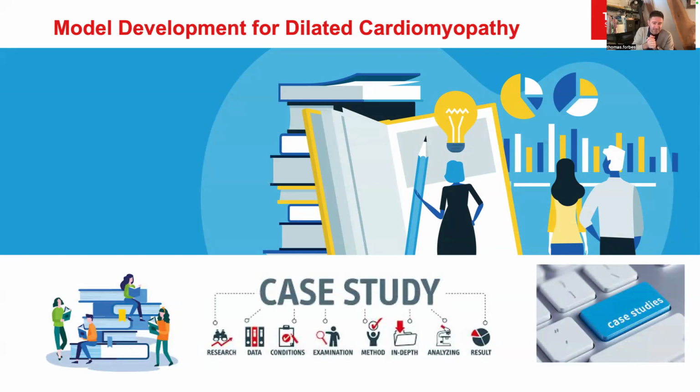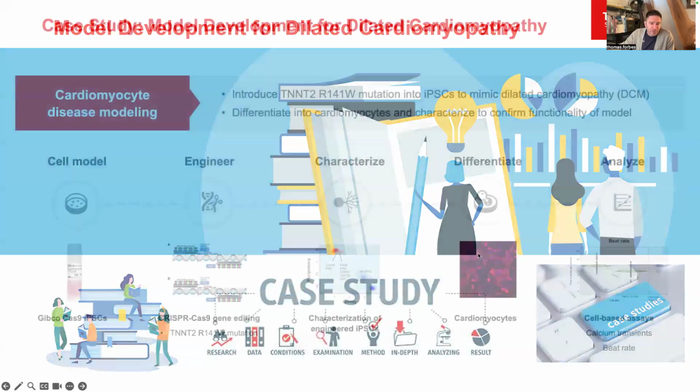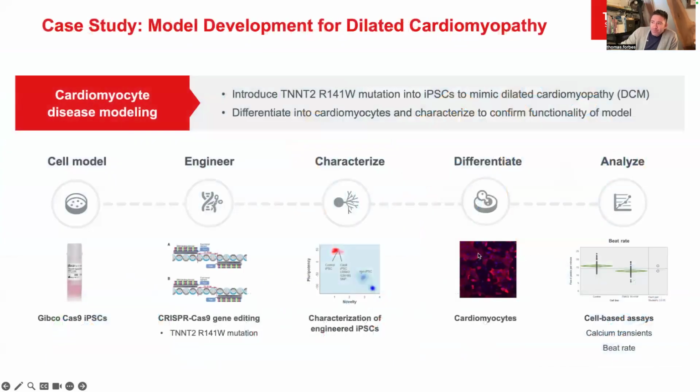dilated cardiomyopathy, which is essentially when the heart chambers enlarge, right? And in that process of enlargement, they basically lose their ability to contract. So this is one of the many disease modeling success stories that we have through collaborations between our customers and our R&D team.